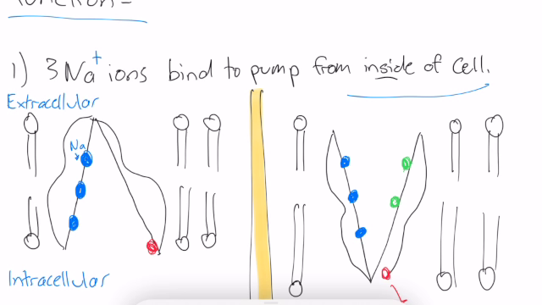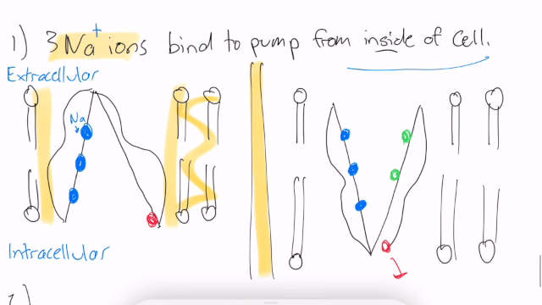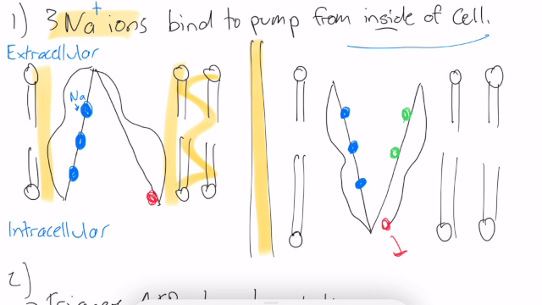So, looking at the phospholipid bilayer here, we see the presence of this pump. And the first step is the introduction of 3 sodium ions, which bind to the pump from the inside of the cell. So we can see that this is inside the cell, outside the cell. Here are our sodium ions. They bind to the pump.